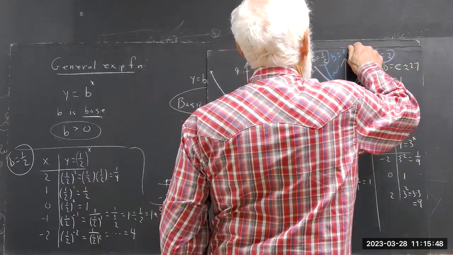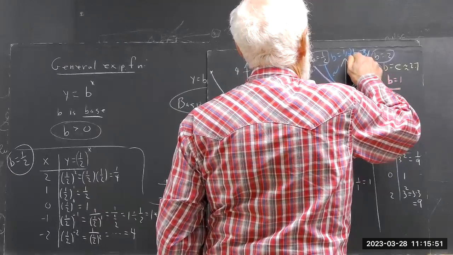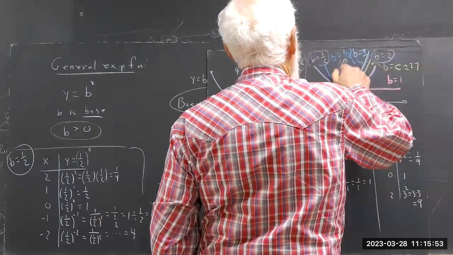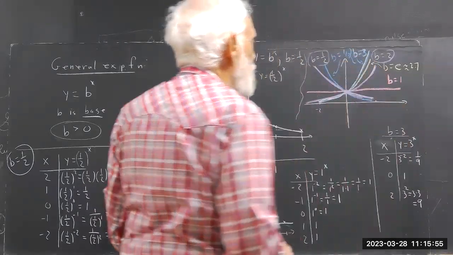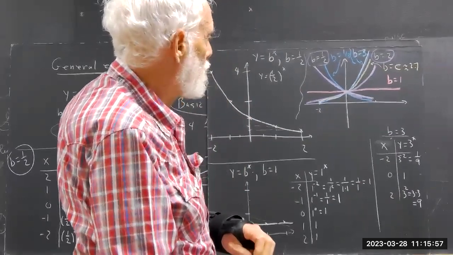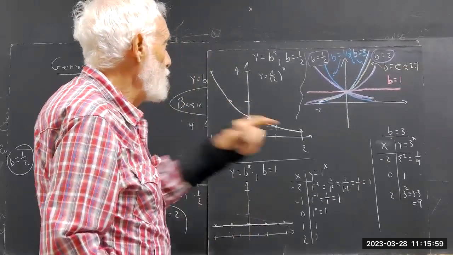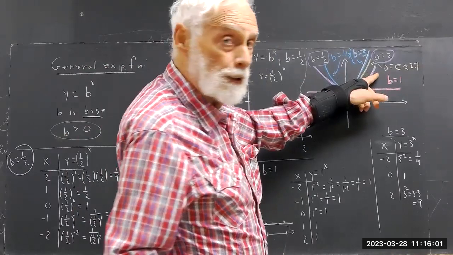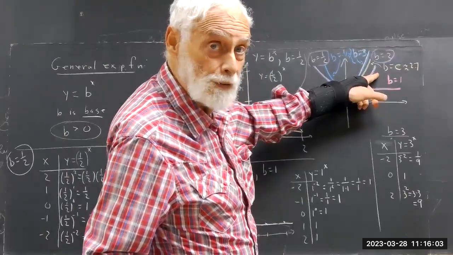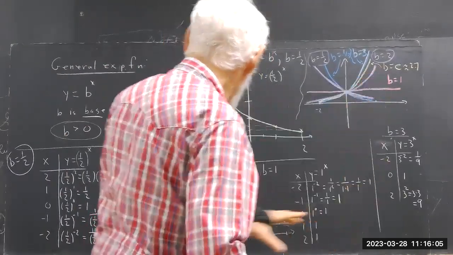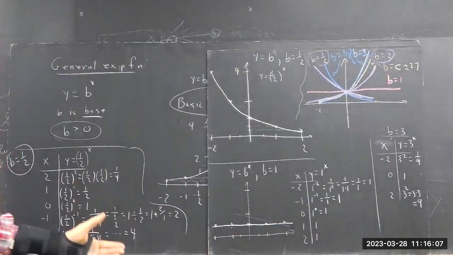So here's a B equals 3 graph. Here's the B equals 1/3 graph. And how do I get the B equals 1/3 graph? Well, just as the B equals 1/2 graph is a reflection across the y-axis of the B equals 2 graph. And that's just because of the way reciprocals and powers of reciprocals work.